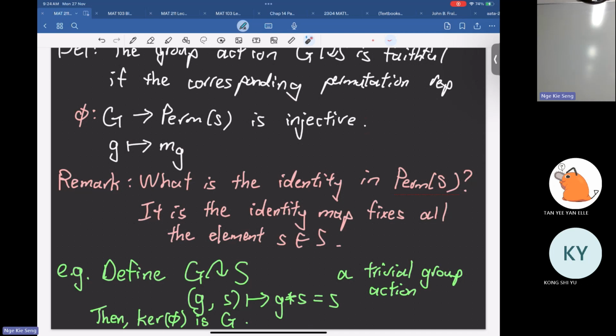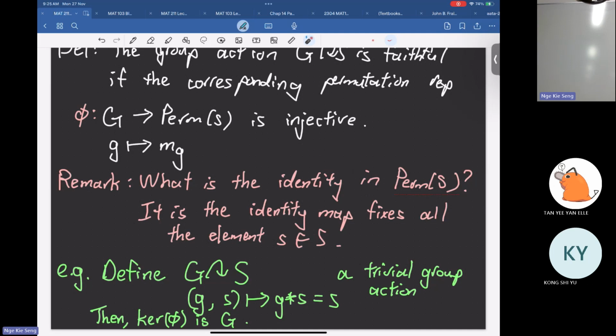If f(a) equals f(b), then a has to equal b. The contrapositive is: if a does not equal b, then f(a) is not equal to f(b). So if you have two different group elements and they act on the set, they will give you two different actions. Make sense or not?